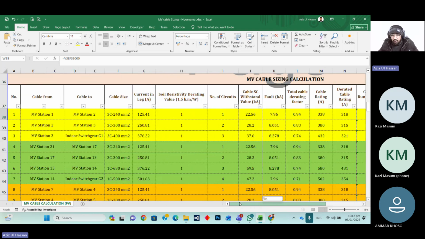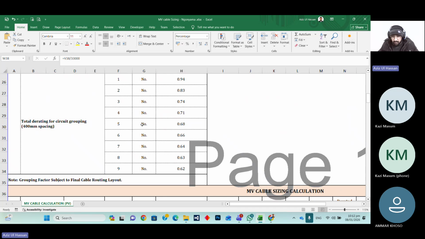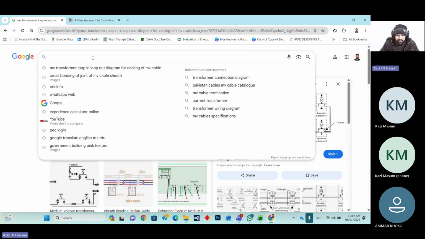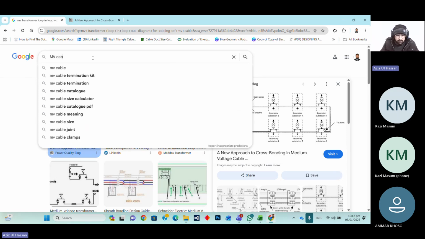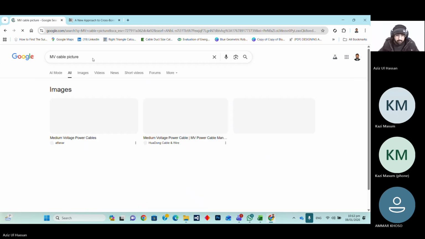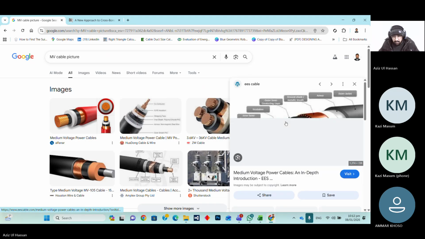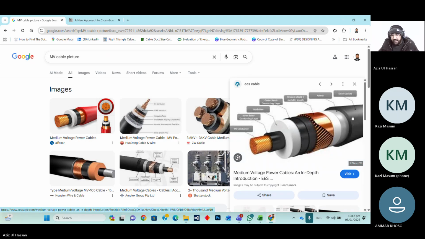In tomorrow's class, I will show you something on the MV cable. Like here, this is the MV cable. This is the MV conductor.